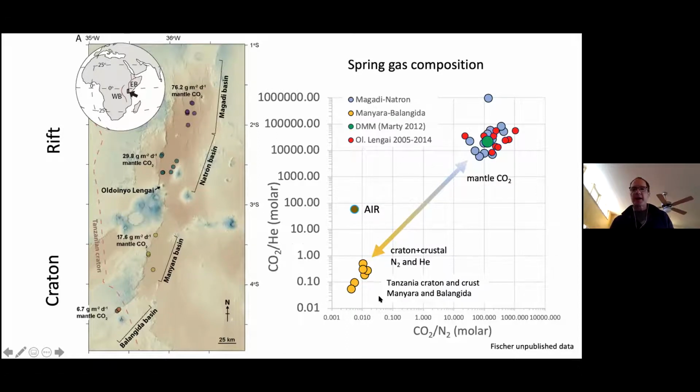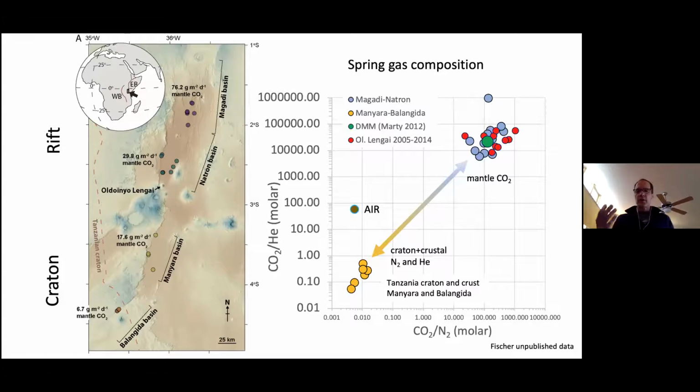So the springs, and that is an interesting finding, I think, are very different between the mantle area in the rift and the Craton area. We see that in the rift area, the CO2 nitrogen ratio is very high and the CO2 helium ratio is very, very high. And on the Craton, the gases are very different. They are dominated by nitrogen and helium.